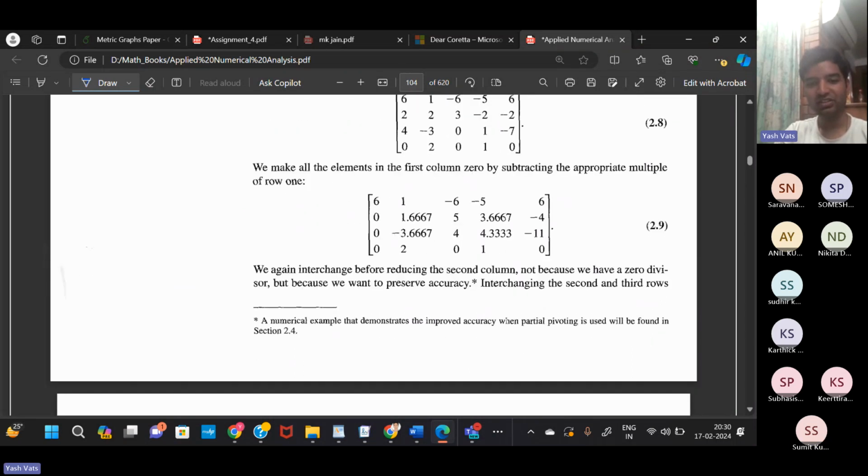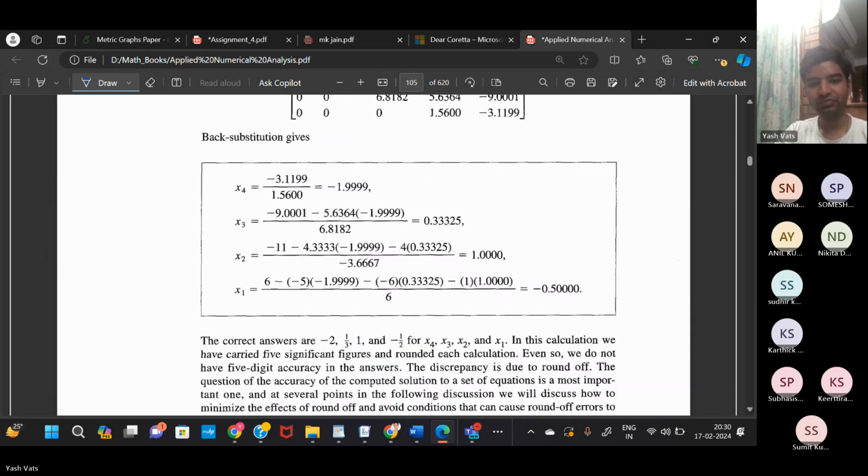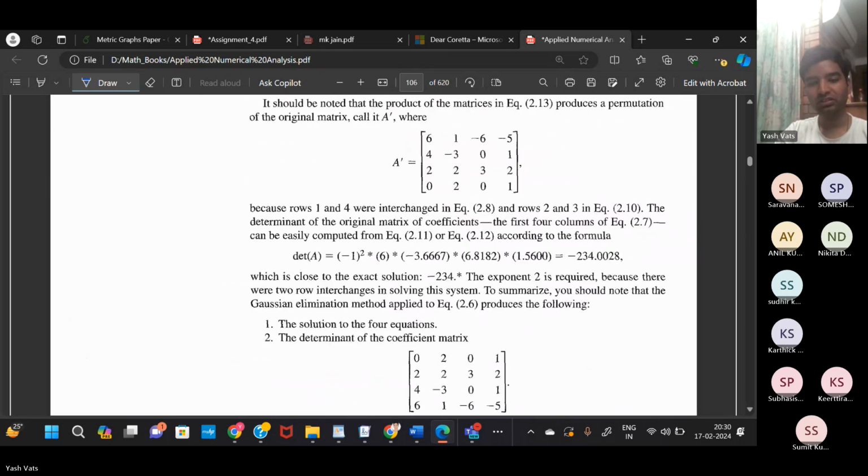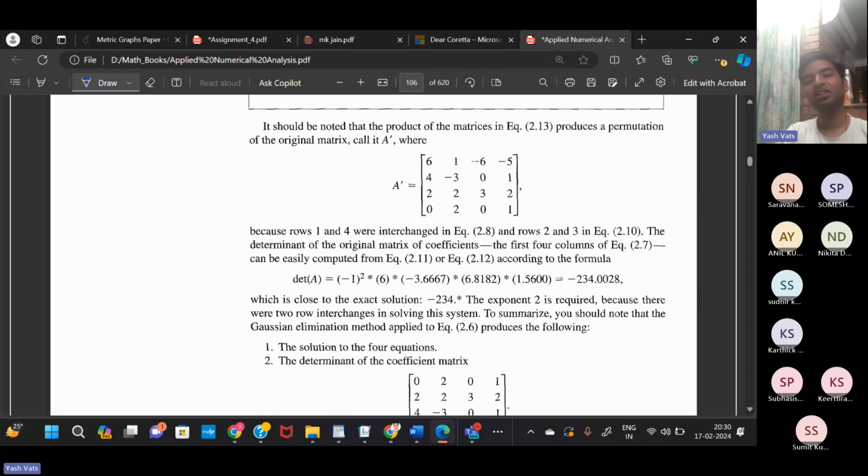I've heard this condition somewhere. Okay, so if the matrix is singular, then can you write it as LU decomposition? Because determinant of A will be determinant of L into determinant of U. So determinant of the upper triangular matrix should be 0 in that case.